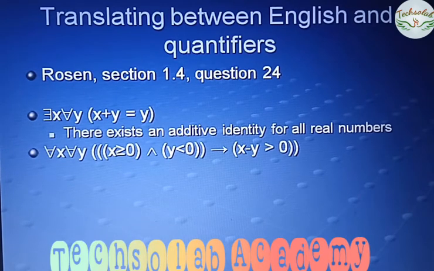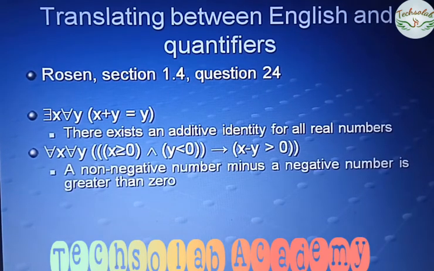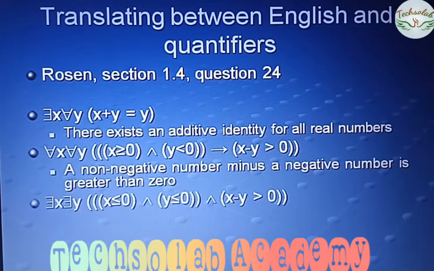If it was existential, then we would use and. So this implies x minus y is always positive, because one is non-negative and the other one is negative. A non-negative number minus a negative number is always greater than 0.